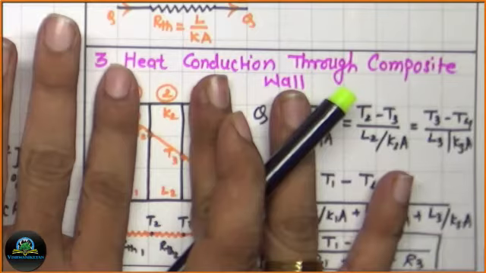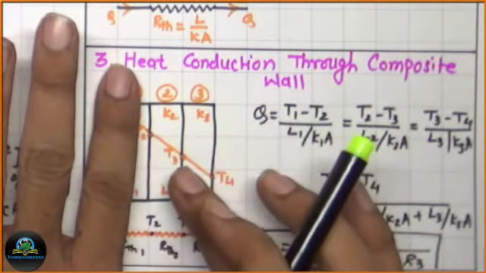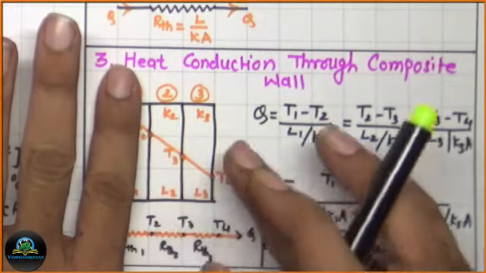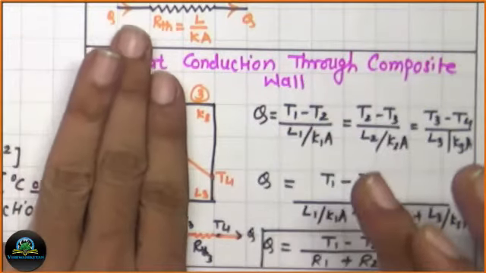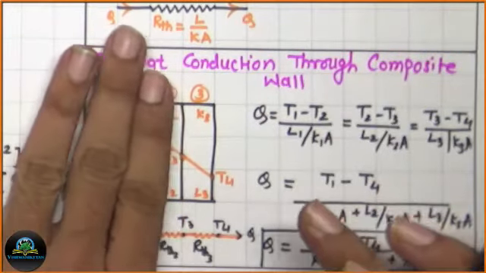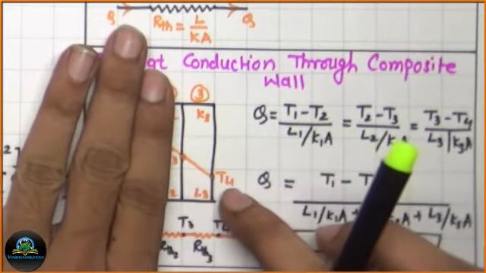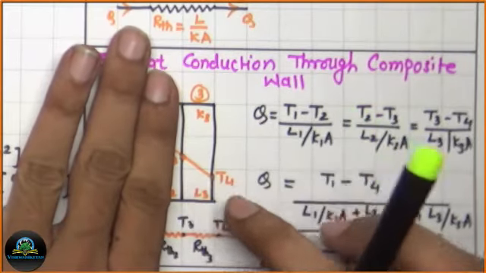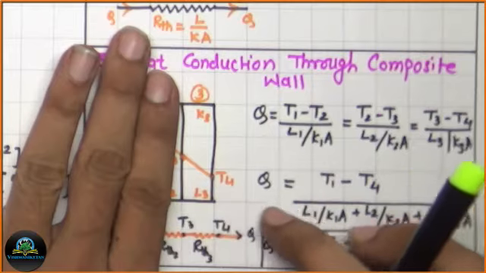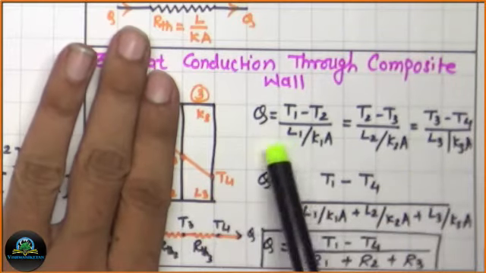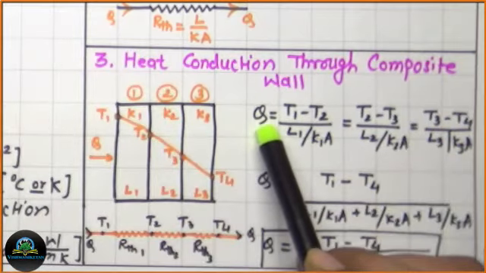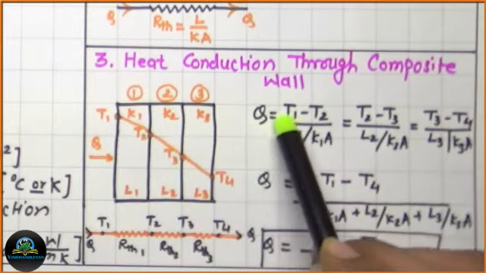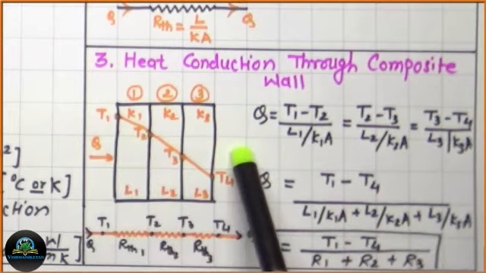The temperature difference is T2 minus T3 upon the thermal resistance, that is L2 upon K2 into A. For the third, the temperature difference is T3 minus T4 upon L3 upon K3 into area. So write it separately like this. This Q, the amount of heat conducted, is constant throughout.